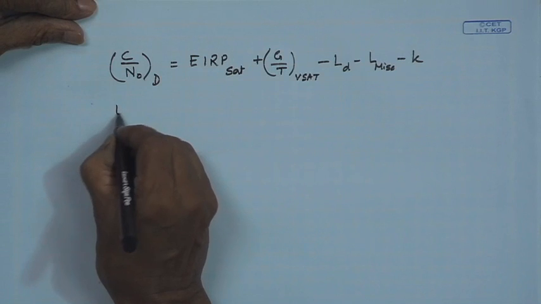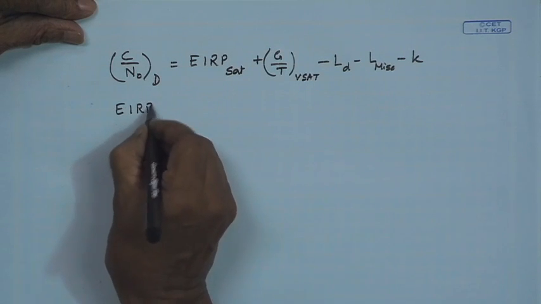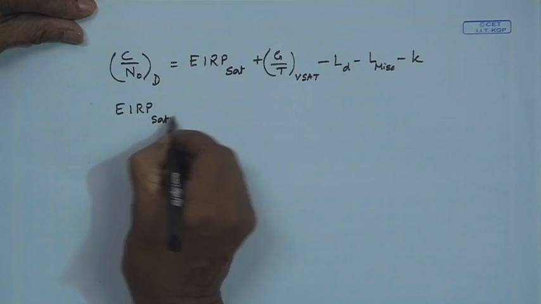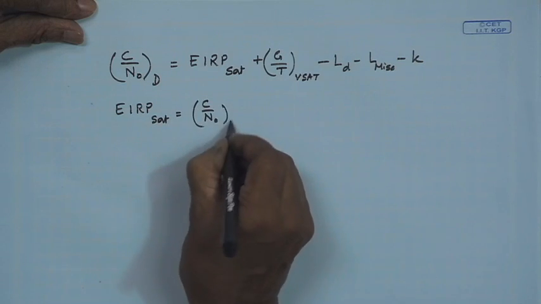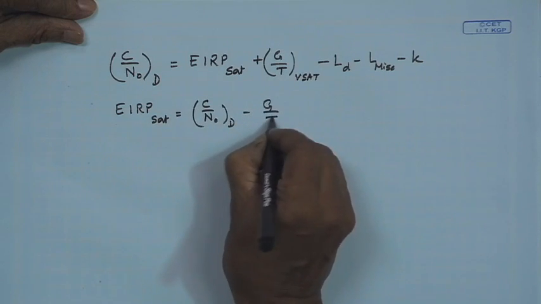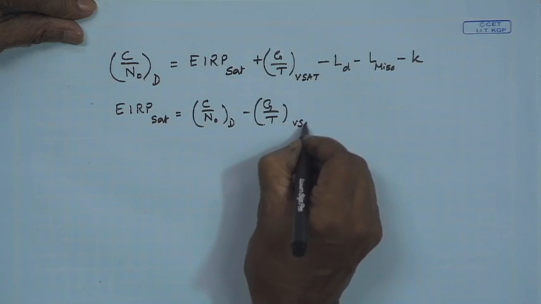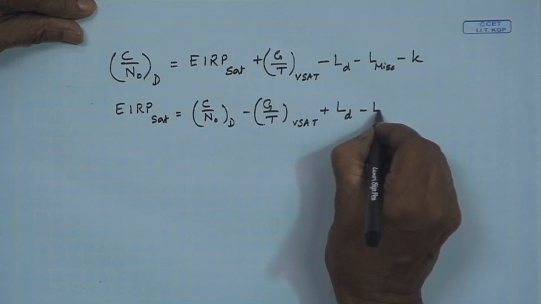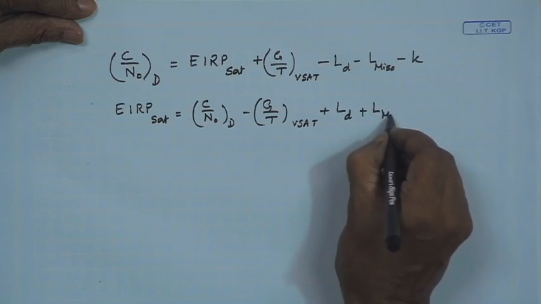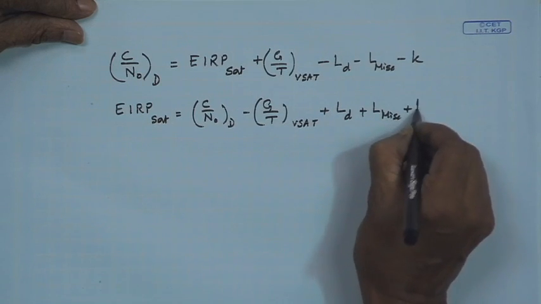So therefore EIRP of the satellite is C by N naught down minus G by T of VSAT plus path loss in the down plus miscellaneous loss plus K.